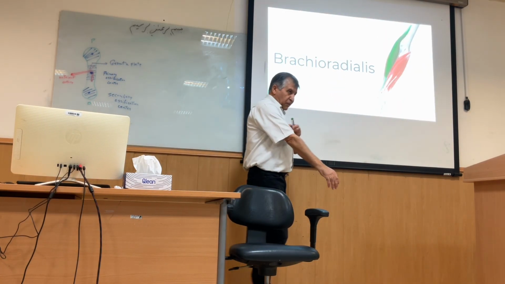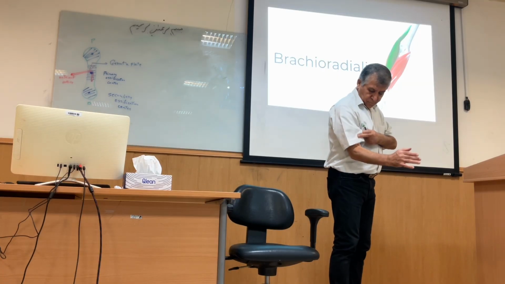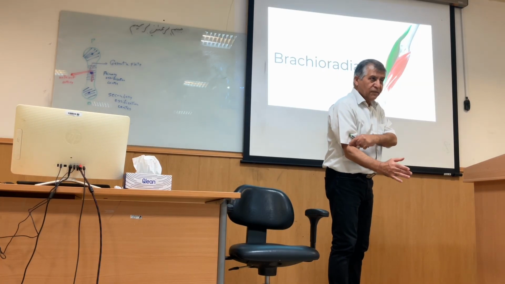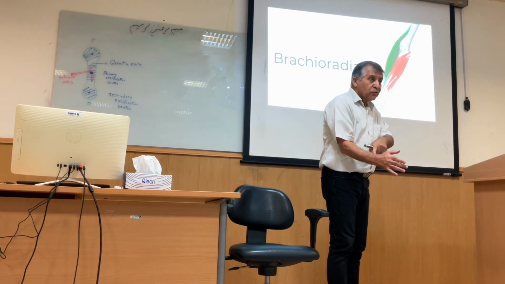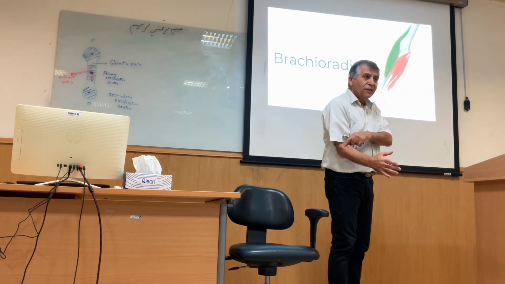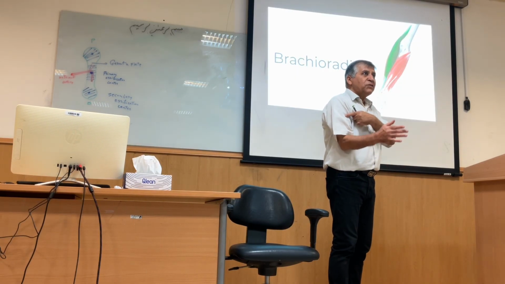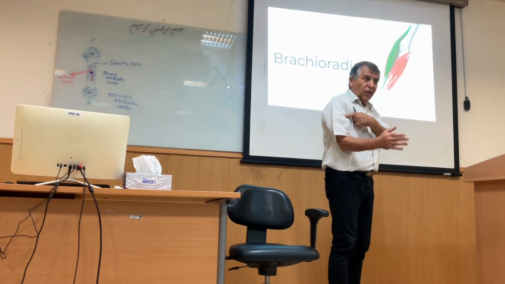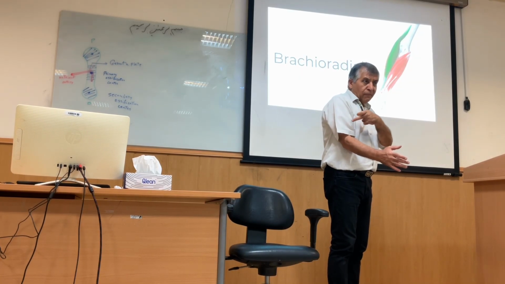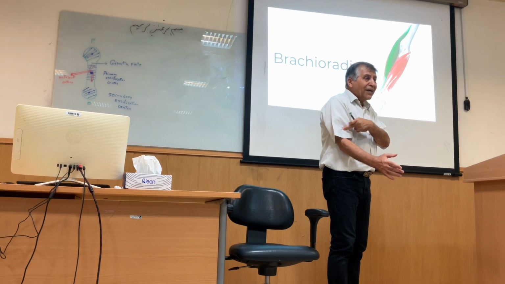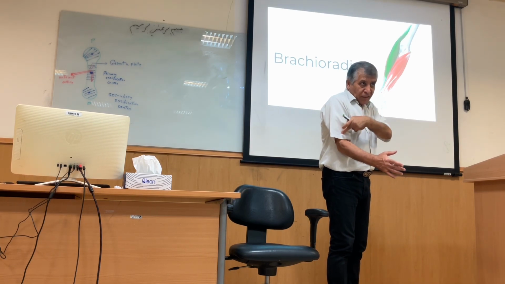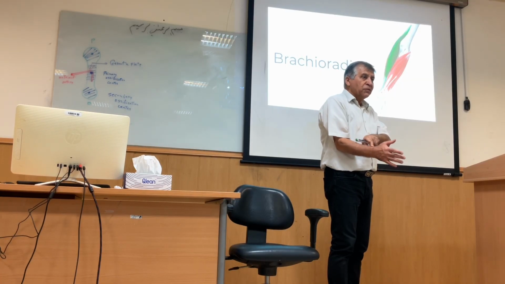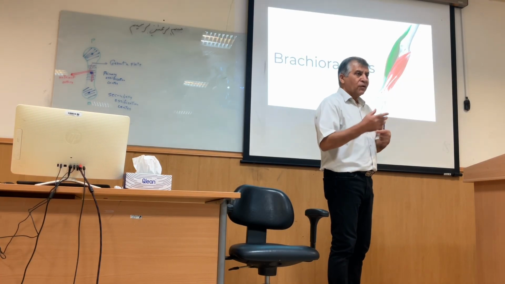This muscle originates from the brachium and inserts to the radius. It's called brachioradialis. The origin of the name arises from the attachment of the muscle. This muscle is attached to the brachium and radius.